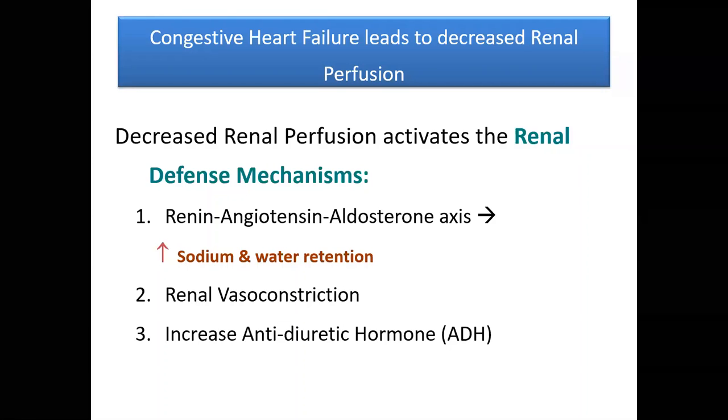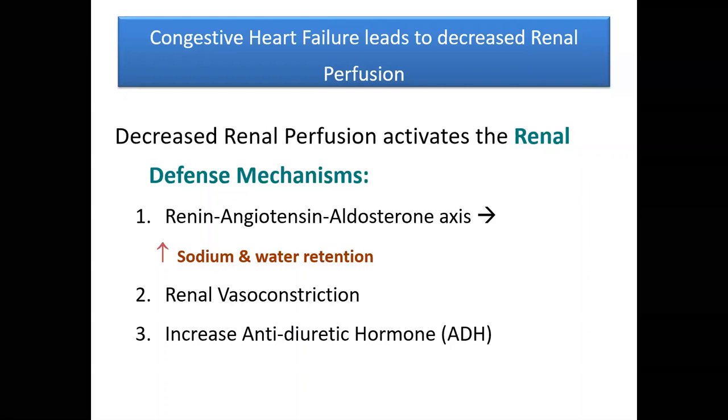And renin, what does renin do? It's an enzyme that converts angiotensinogen into angiotensin 1. Then angiotensin 1 goes to the epithelium in the lungs and gets converted to angiotensin 2 by ACE enzyme. And what does angiotensin do?